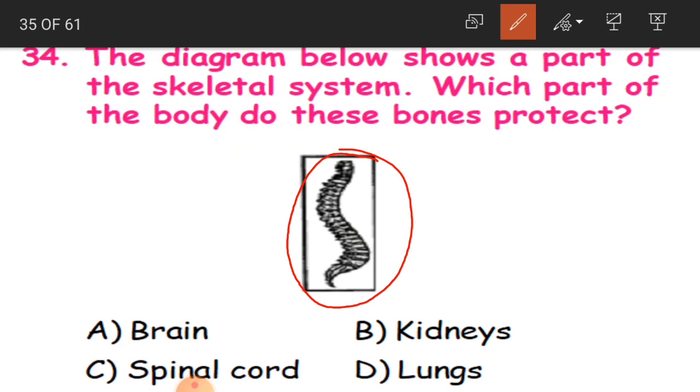Is it the brain, kidneys, spinal cord or lungs? Yes, the answer is spinal cord, children. These are the bones of the spinal column which protect the spinal part.